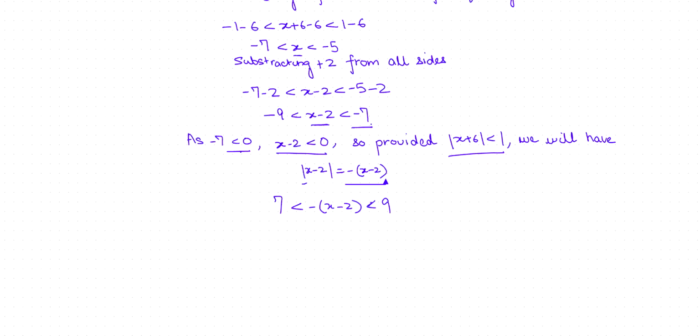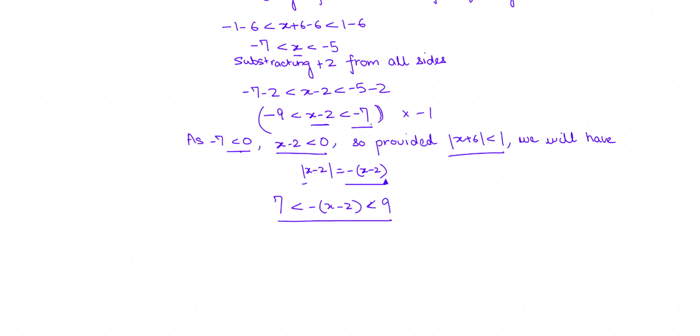So now this inequality is given here. We multiply this inequality with a negative sign. So it gives us this inequality: 7 is less than negative times x minus 2, which is less than 9.